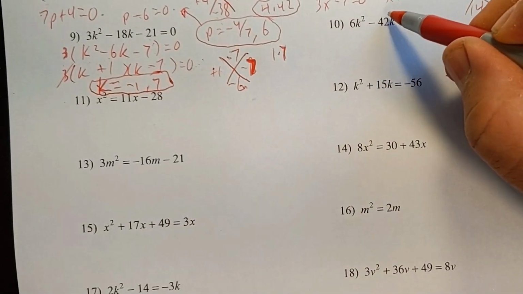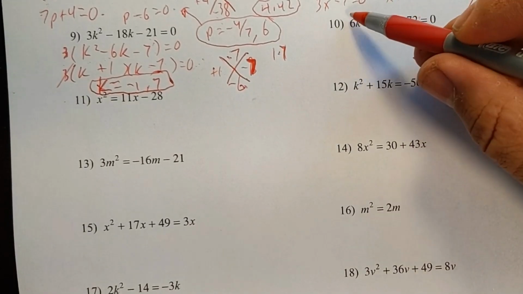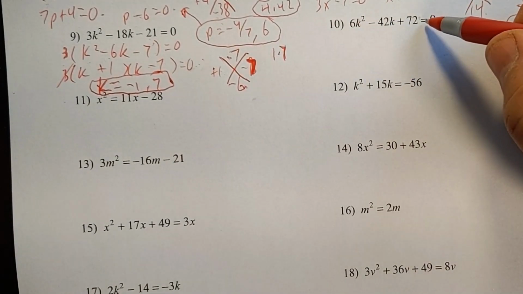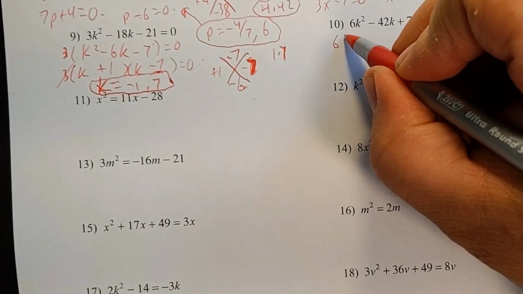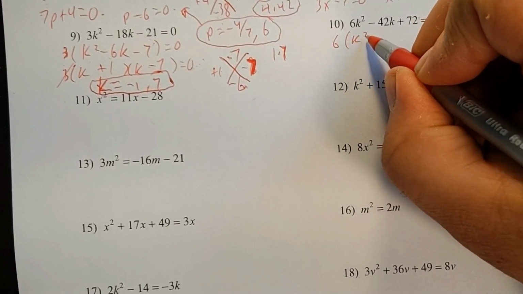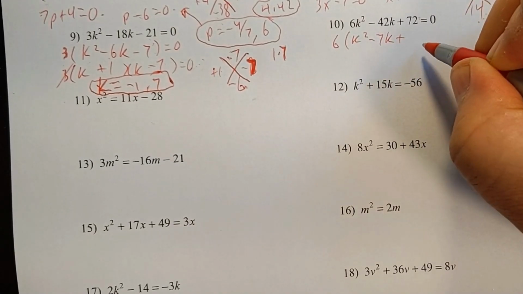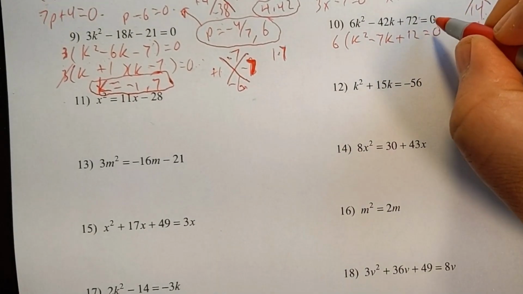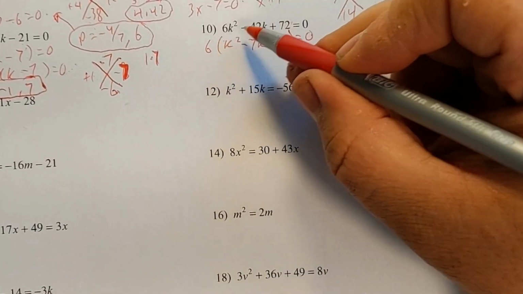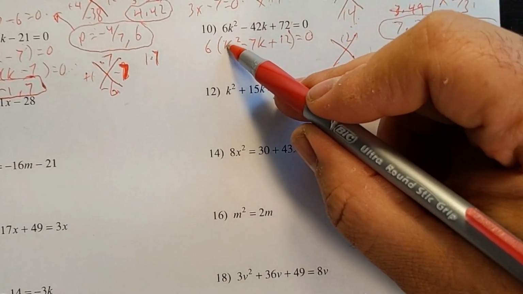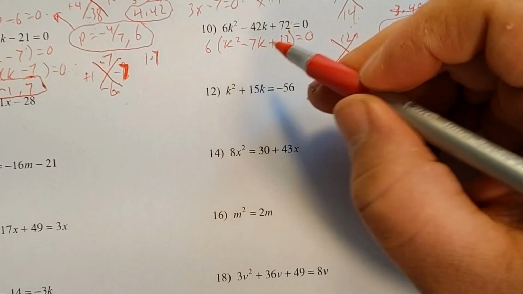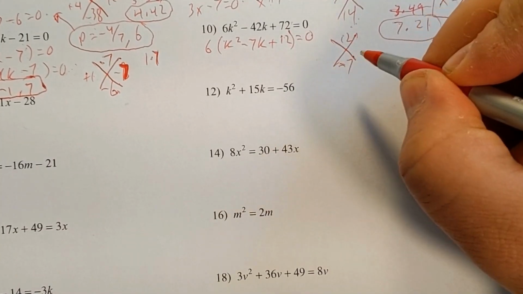Number 10, 6, 42, and 72 can all be divided by 6. So if we factor out a 6, we get k squared minus 7k plus 12 equal to 0. Setting up our x, 1 times 12 is 12. Positive and positive is positive. Negative 7 comes down here.